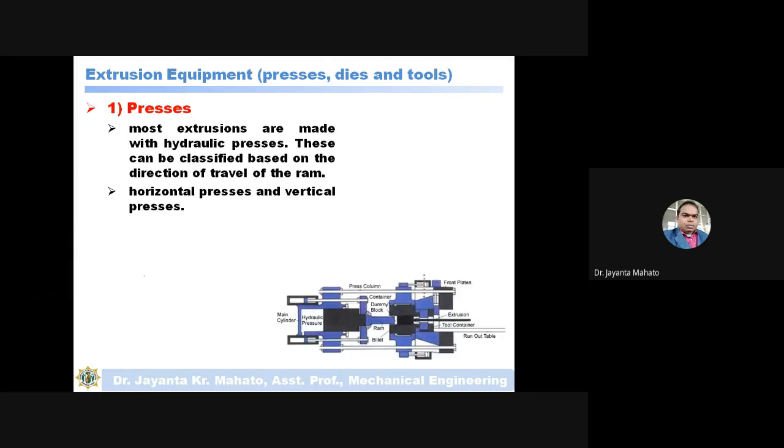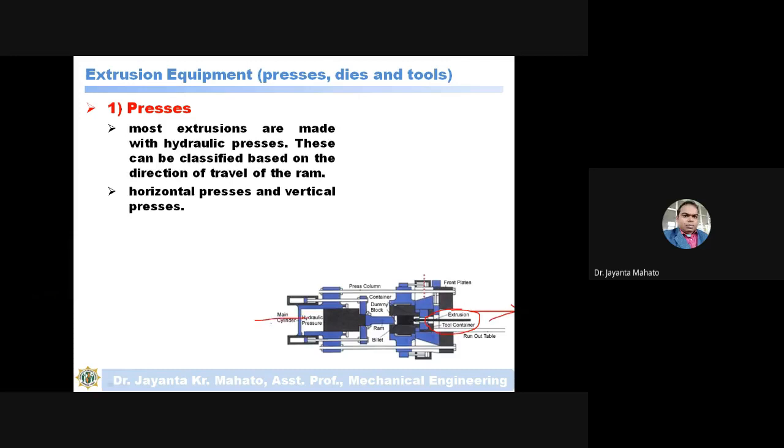So this is the horizontal extrusion process. In this case, the machine is kept on the floor in a way that the extruded part will move along the horizontal direction. Okay. So this is the extruded part, and it will move along the horizontal direction.